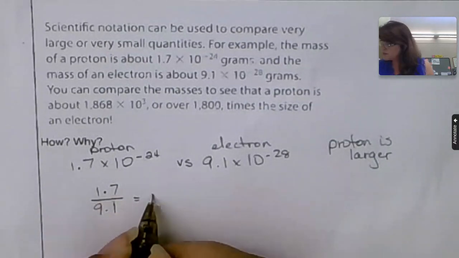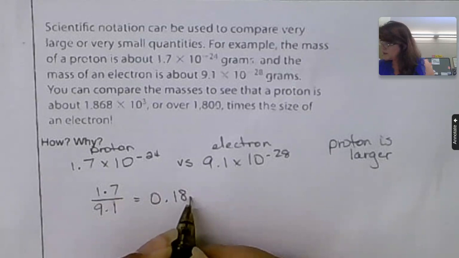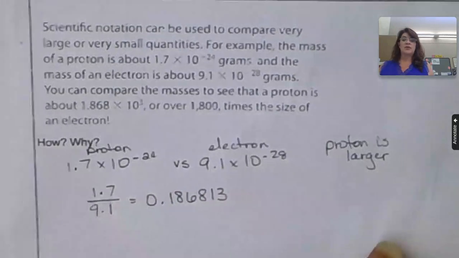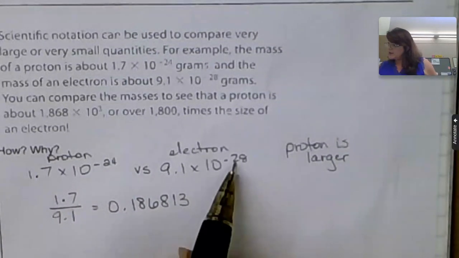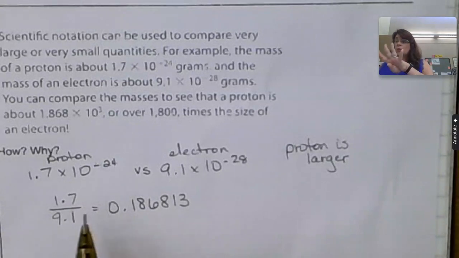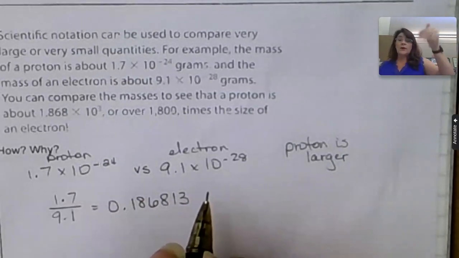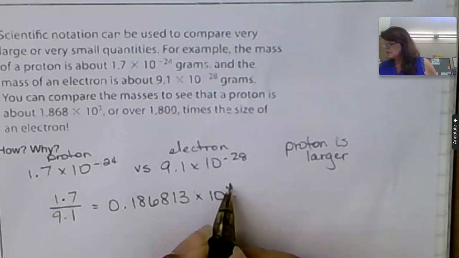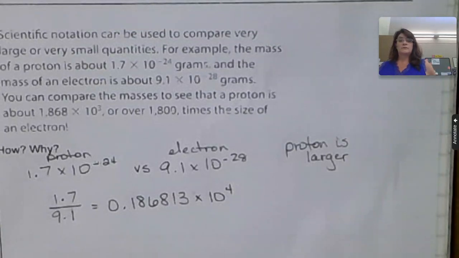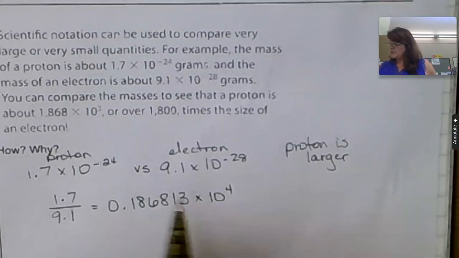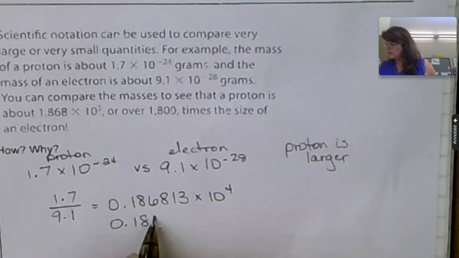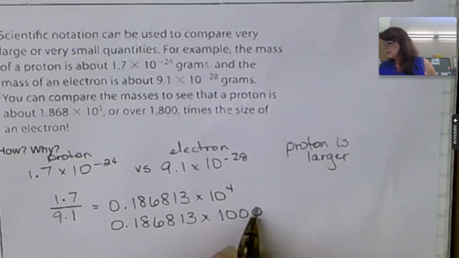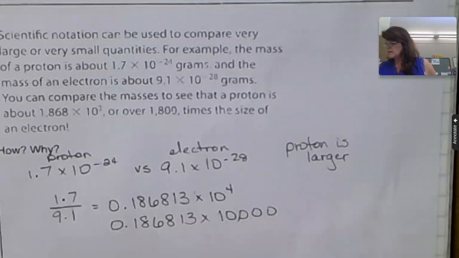And that equals 0.186813. It keeps going, but that's plenty for our needs. Then we look at the difference in the exponents. The proton is 4 greater in exponents, so this is times 10 to the 4th power. 10 to the 4th power is 10,000.